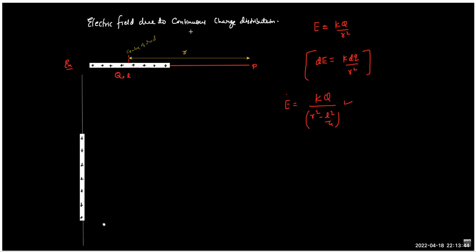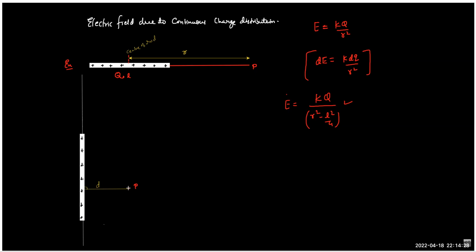What if the point is not on this line, rather I choose a point somewhere here, and I'm calling the distance D from the rod. D is the perpendicular separation between the point and the rod. So we can see clearly the point P does not lie on the axis of the rod. It is somewhere different, and I am assuming it to be in front of the rod at a random location.